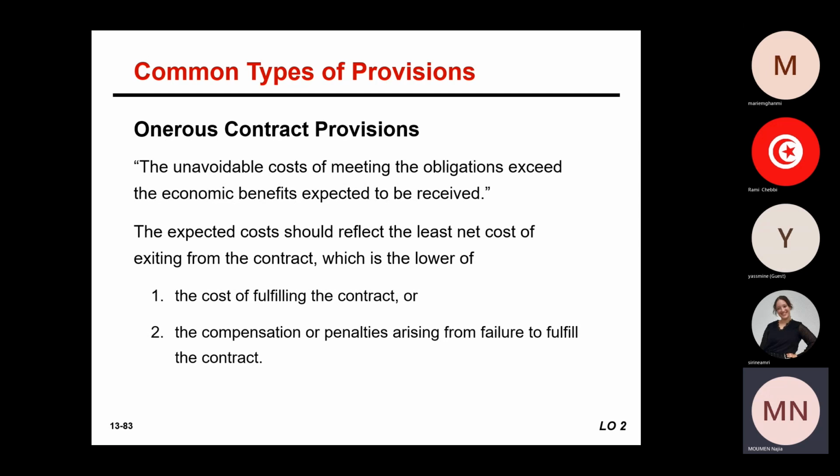Okay, so you can have a contract with another party, and you have really severe rules. If, for example, you don't fulfill the contract, you will be subject to paying penalties, etc. And also if you fulfill the contract, you will have to incur cost. So we'll pick the lower between them.